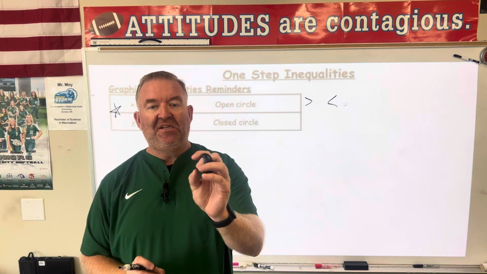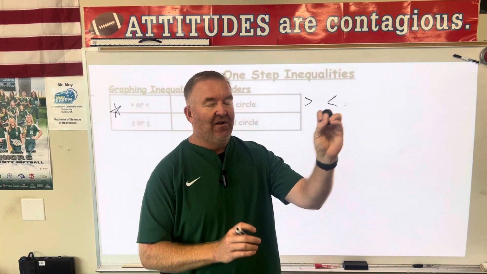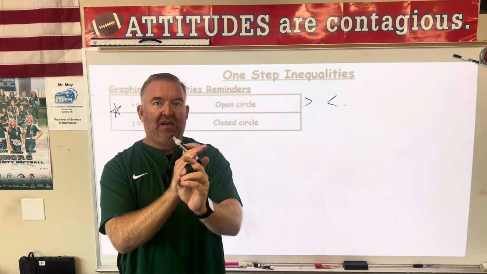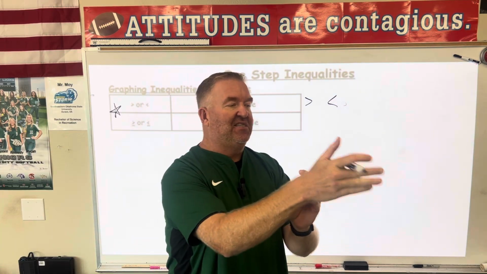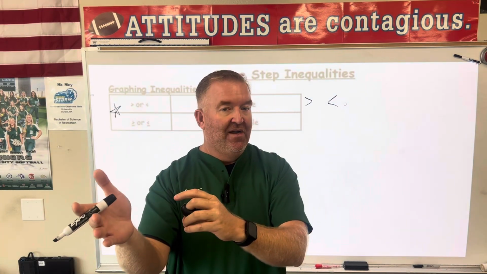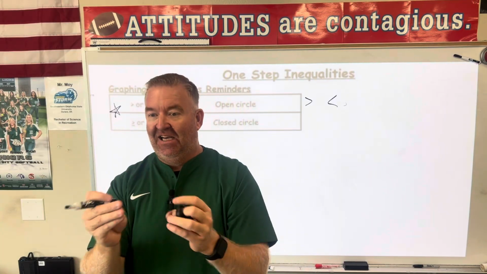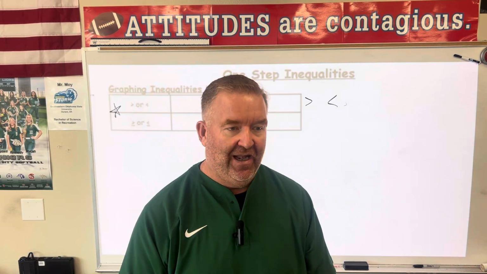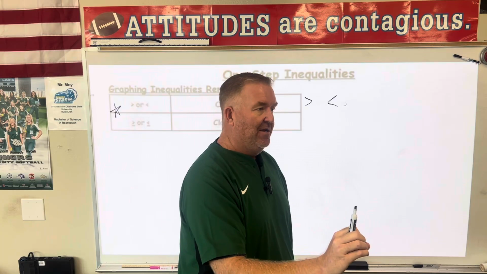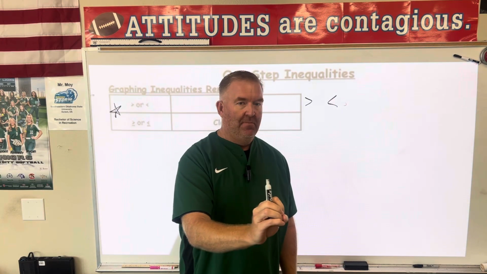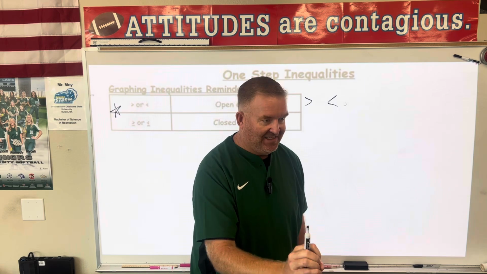So an open circle, yeah, we can start our dot there, but that means that that number is not included. I told you to give me numbers that are greater than 5, and you said 6, 7, 41 million, all the numbers that are bigger than. That's what the open circle means. That number is not included. Is that fair?